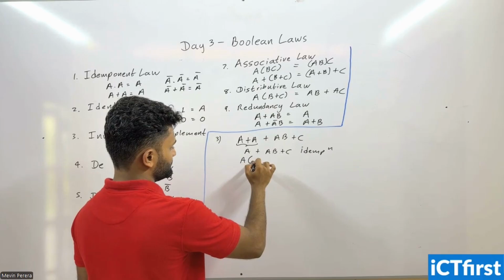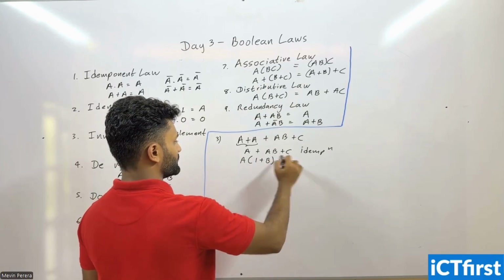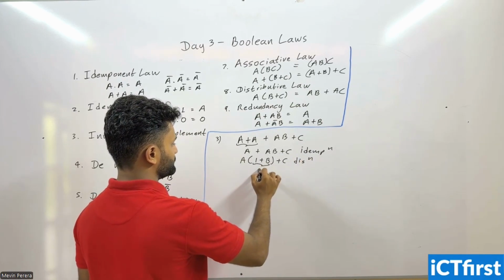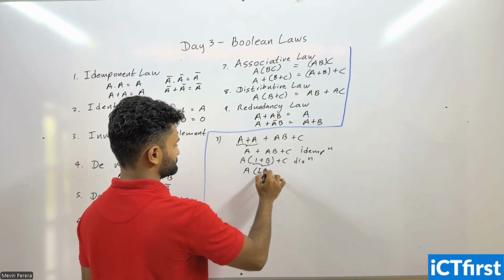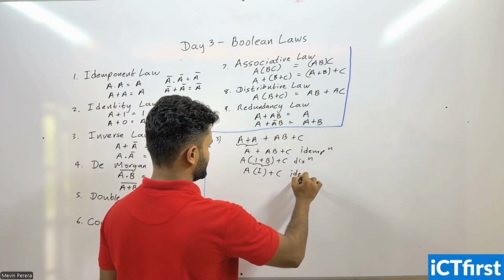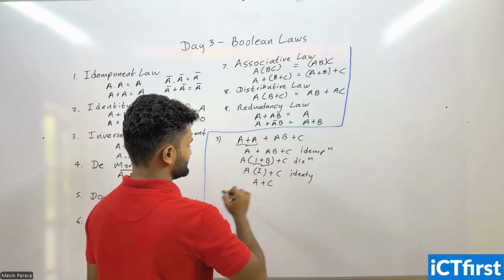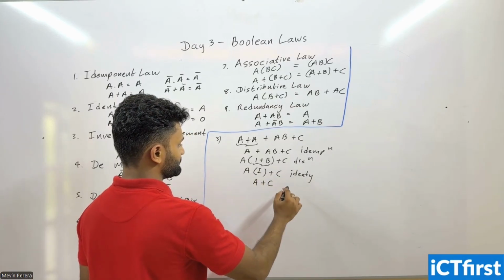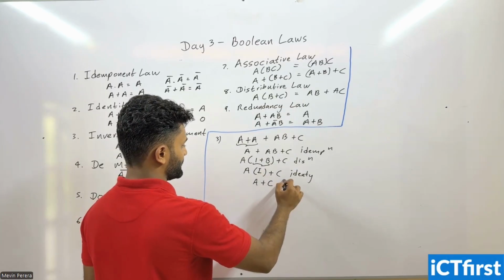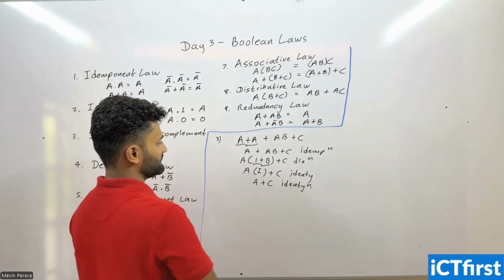A is common, so A times 1 plus B plus C, distributive law. This is equal to A times 1 plus C, so this is identity law. A plus C. So this is equal to, again, identity law. So this is the final answer.